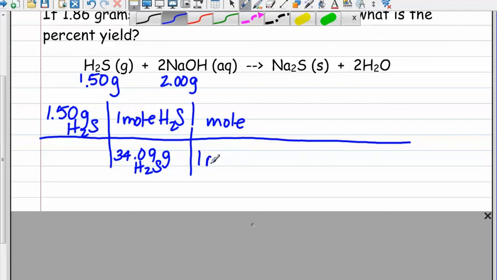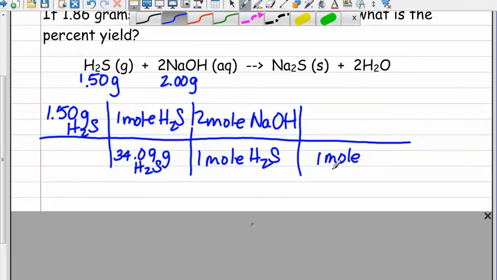I have 1 mole of H2S and 2 moles of NaOH. Now I'm going to go ahead and get into grams of NaOH by multiplying by the molar mass.